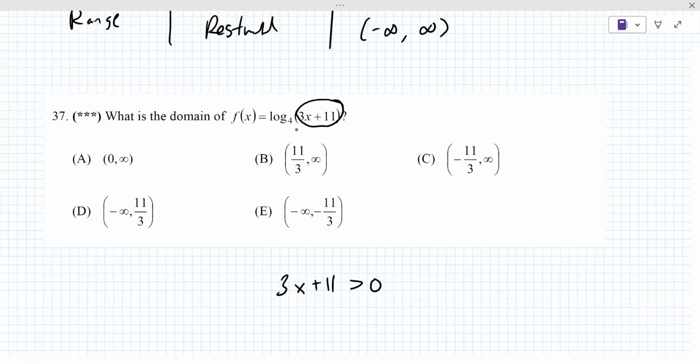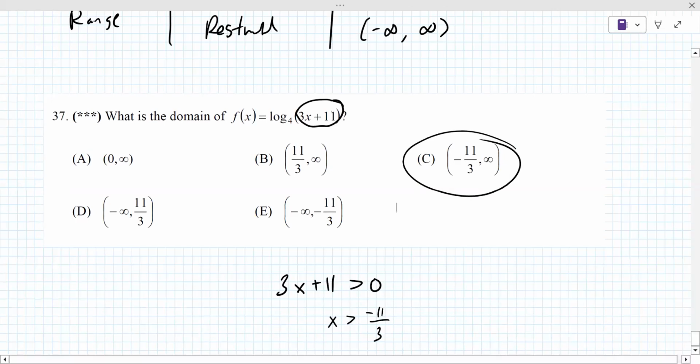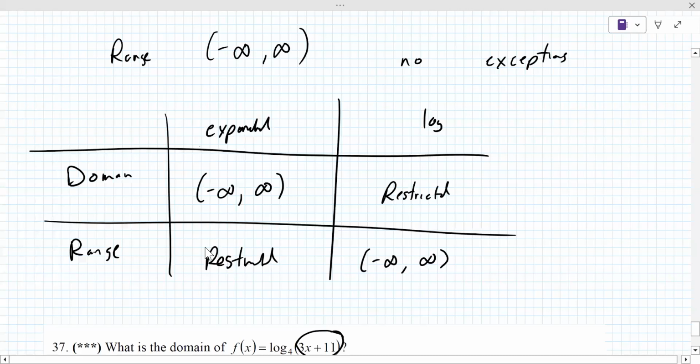So this is x greater than -11/3. Okay. So yeah, that makes sense. Do you want me to talk about the range of the exponential?